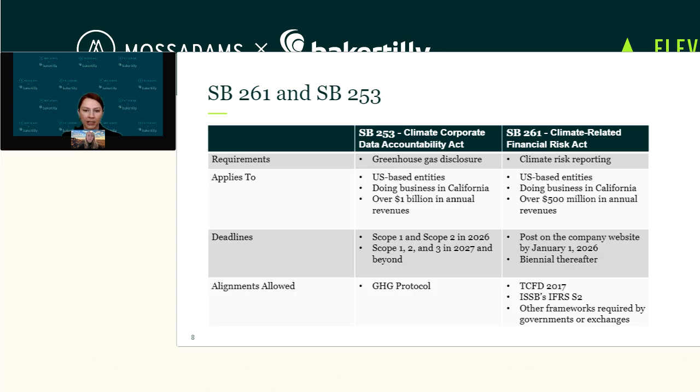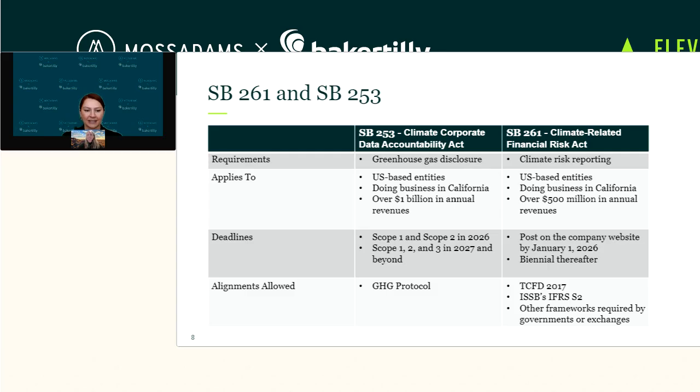Reporting under SB 253 is recommended to align with the Greenhouse Gas Protocol, which is kind of the gold standard of carbon accounting. The first disclosures are due in 2026. Initially, limited assurance is required for Scope 1 and Scope 2 emissions, with assurance expectations increasing in subsequent years.